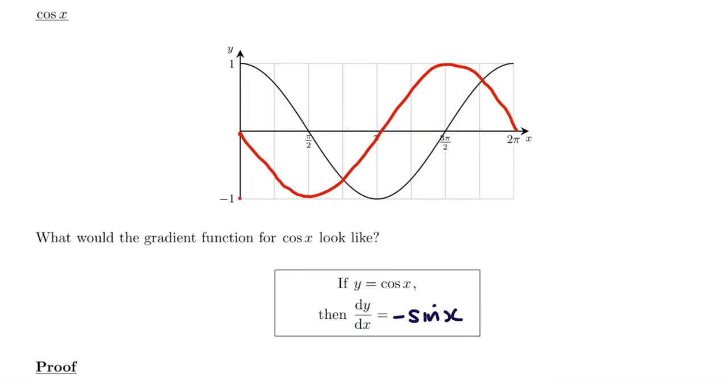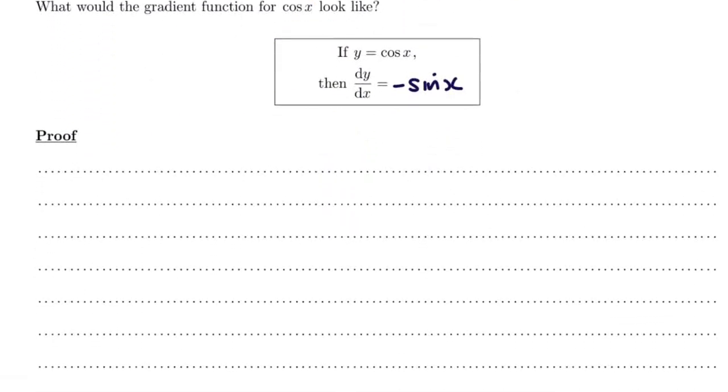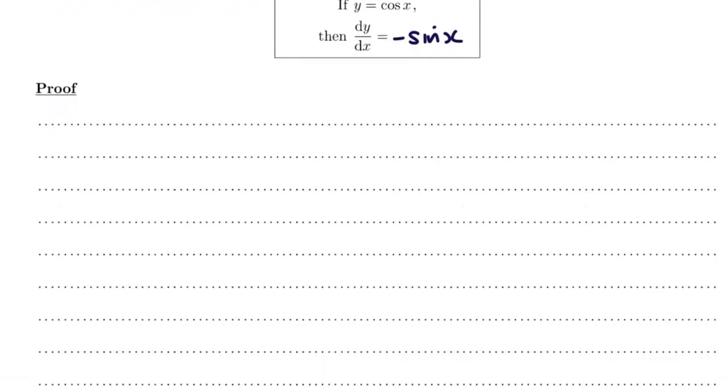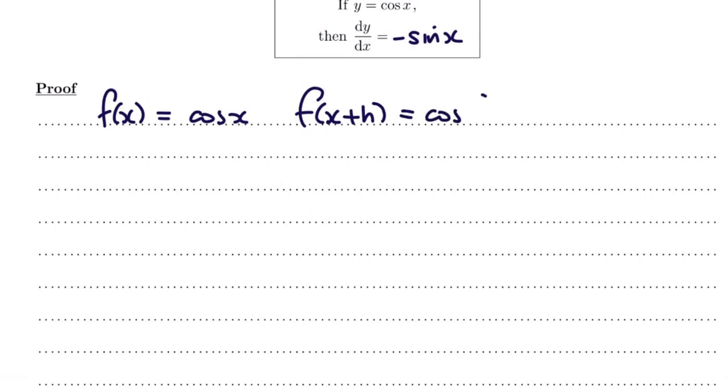Okay. Now, if you were going to do the proof, and this one might be one that you try on your own, it is exactly the same, apart from you start with f of x equals cos x, so f of x plus h would equal cos of x plus h.